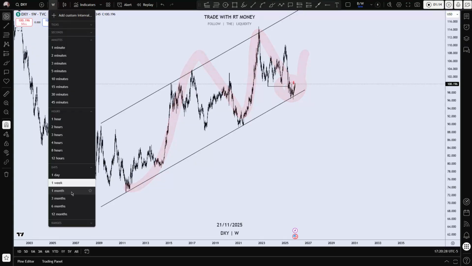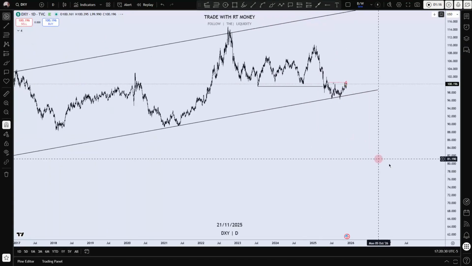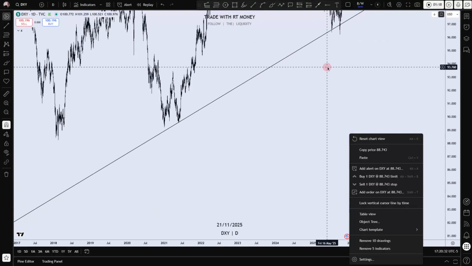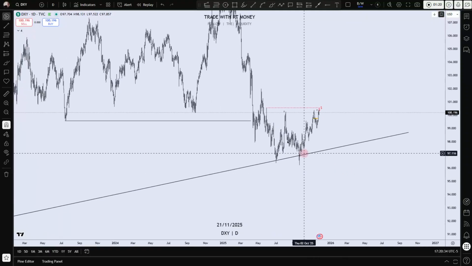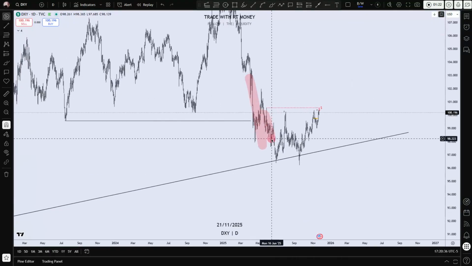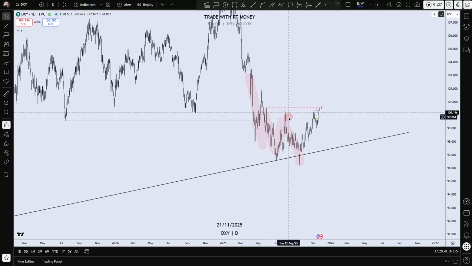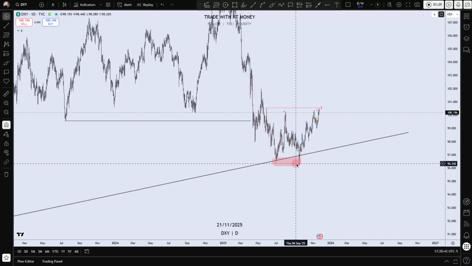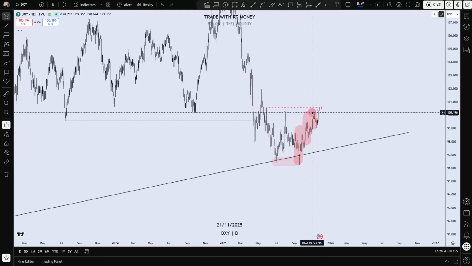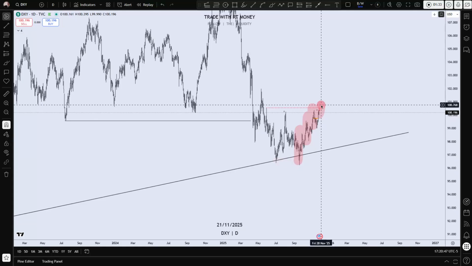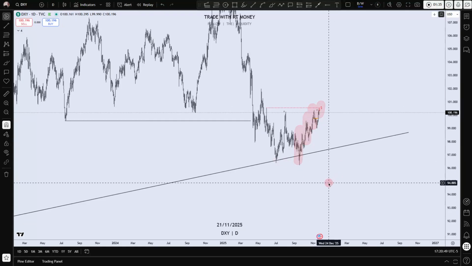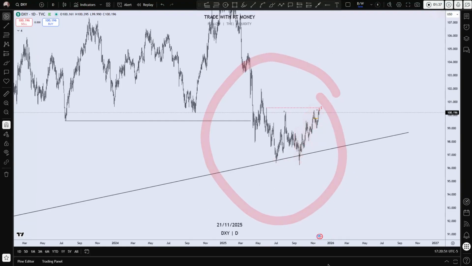If we go to the daily, I already pointed out in the last video, without going into a whole lot of detail, just go and check that video out. You can see that we kind of based out here with lower lows, lower highs, lower lows. We took that low and we are making higher highs, higher lows on this pullback. There's no reason to look at this and think bearish.